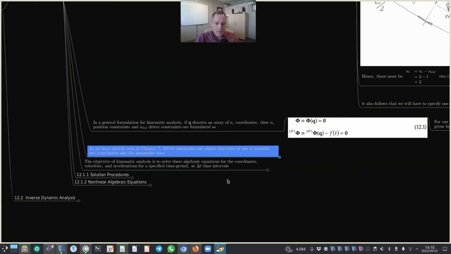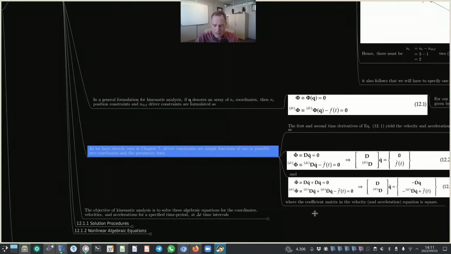Now as we have already seen in chapter 7, driver constraints are simple functions of one or possibly two coordinates and the parameter time. We've illustrated that already here as well.